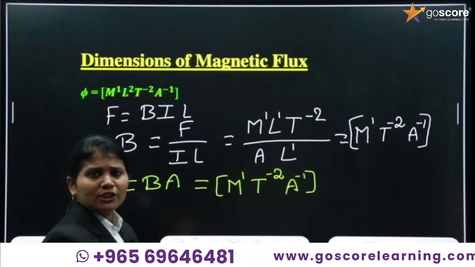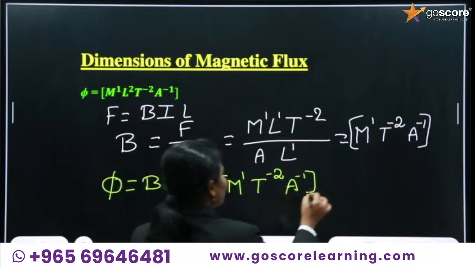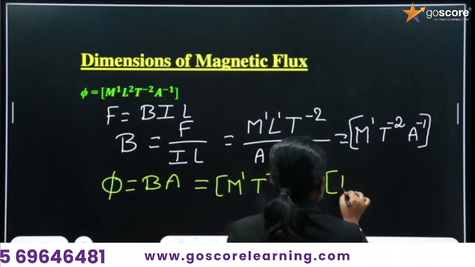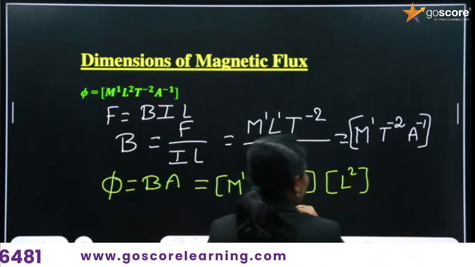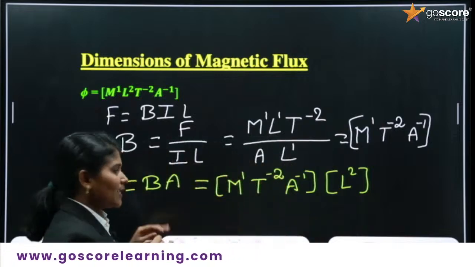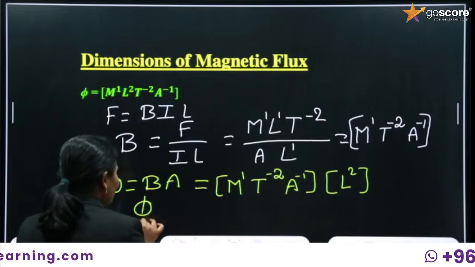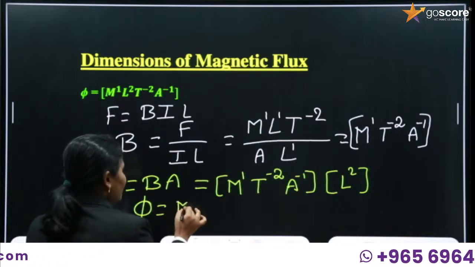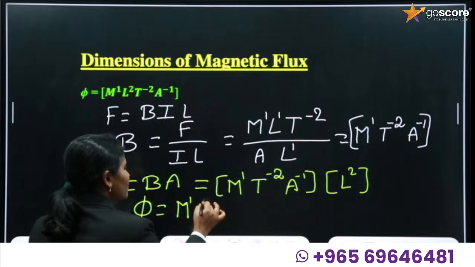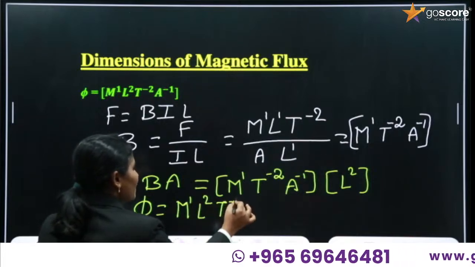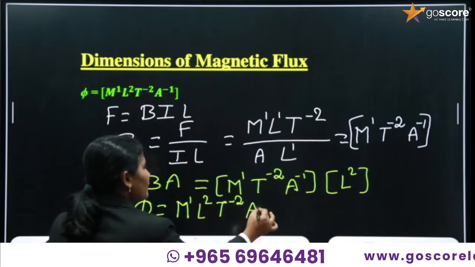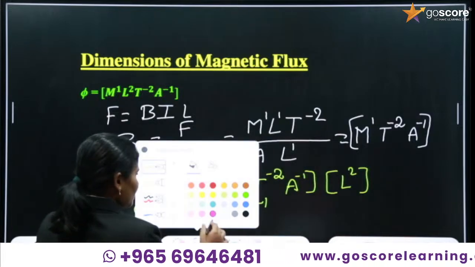For area, we know the dimensions are L square. Then what are the total dimensions? Flux dimension is M to the power 1 L square t to the power of minus 2 A to the power of minus 1.